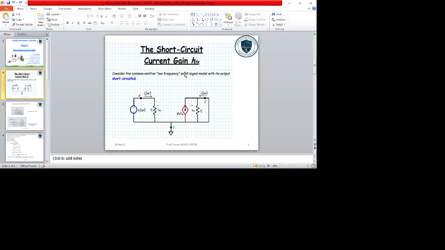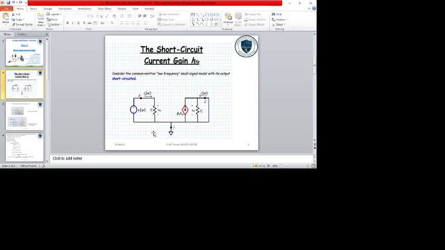When we are talking about the small signal equivalent pi model, we can consider very low frequency, and we are going to analyze the same model under short circuit terminal, so that the gain factor is called as short circuit current gain HFE.